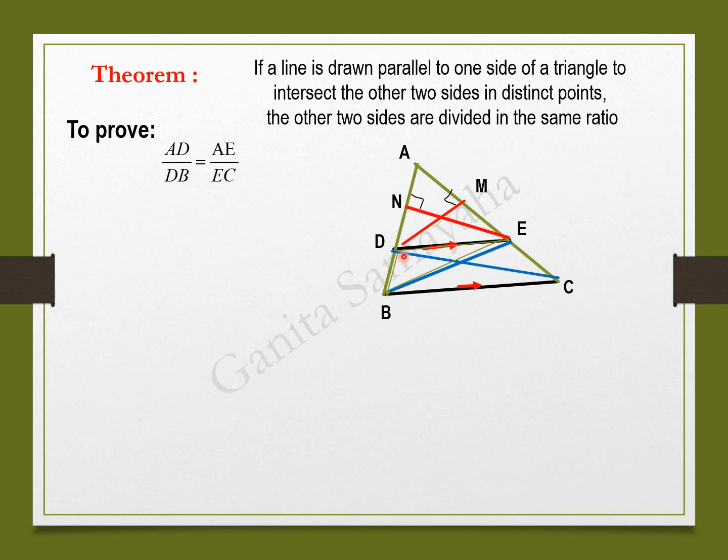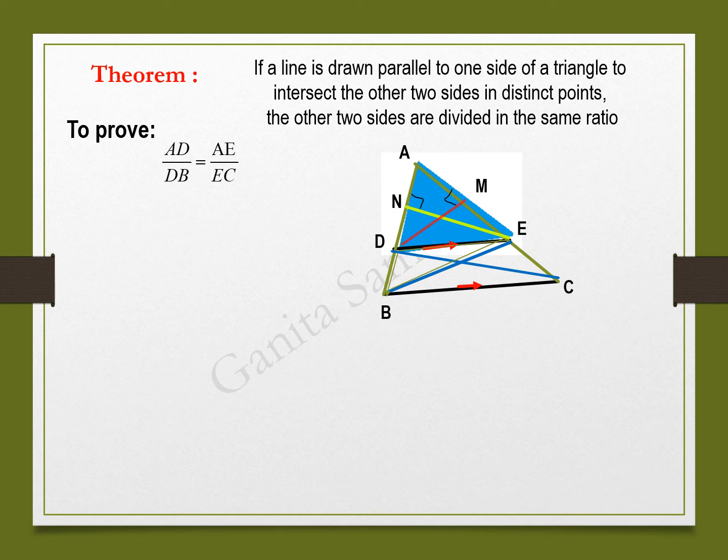Is it clear, children? So we will now compare the area of triangle ADE and triangle BDE. Comparing means what? We find the ratio of these two triangles. Okay. So the ratio of area of triangle ADE by triangle BDE, we will have to find out.